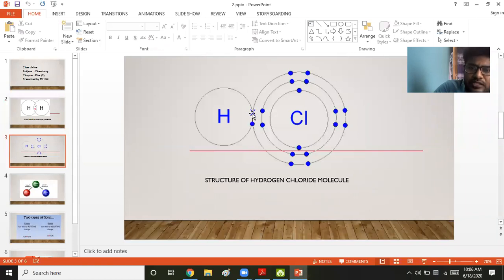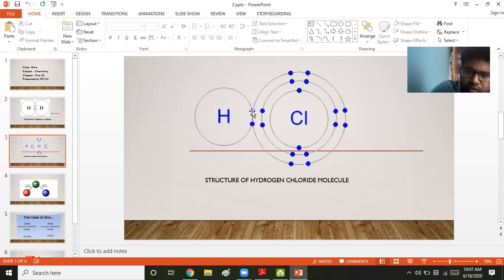Suppose this cross sign electron is coming from this hydrogen atom, and you know the atomic number of chlorine is 17: 1, 2, 3, 4, 5, 6, 7, 8, 9, 10, 11, 12, 13, 14, 15, 16, then 17. So this electron of hydrogen can make a bond with this chlorine by this electron. Here, one electron is coming from one hydrogen atom and another electron is coming from this chlorine atom. By this way, they can make a bond.